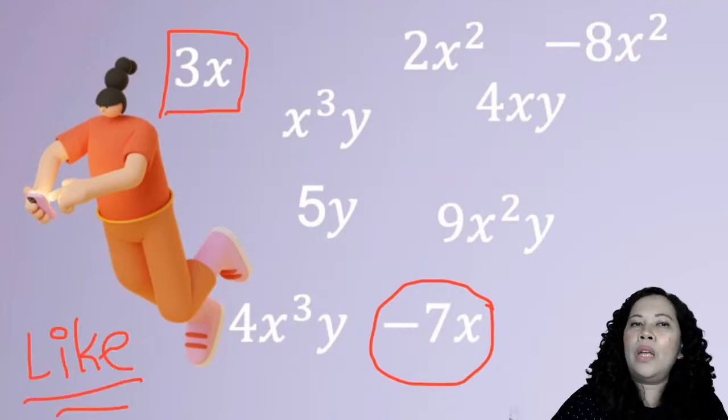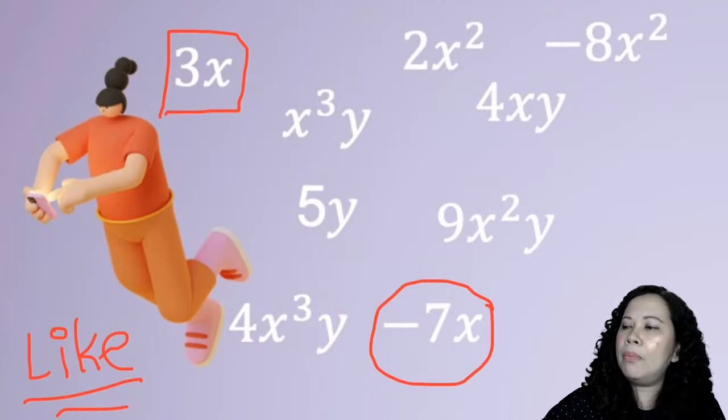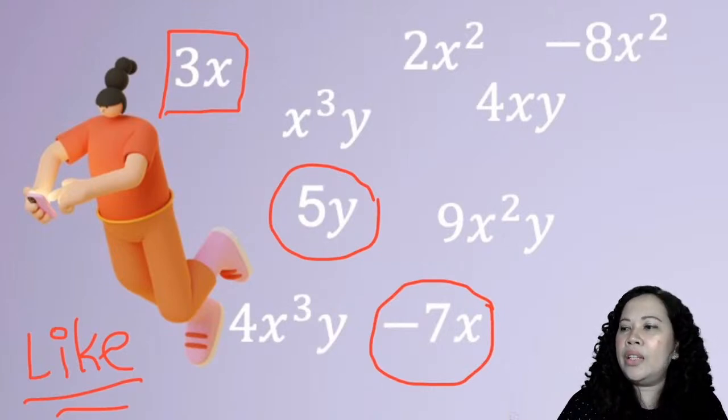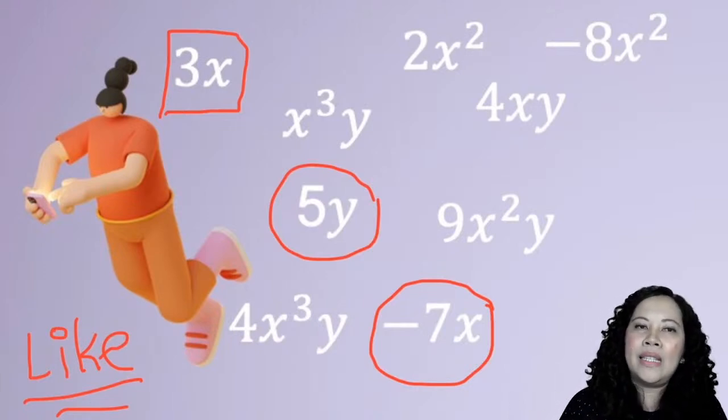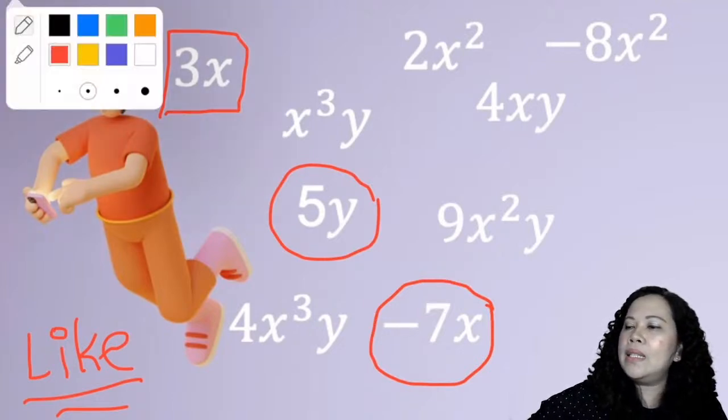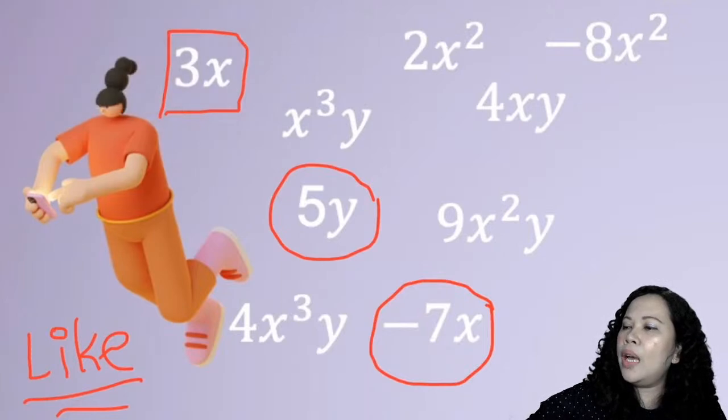Alright, so if we have, let's say for example 5y, is there anything that is the same with 5y? So if there's nothing that is the same with 5y, that means that 5y doesn't have a like term on this set of terms. Okay, what else is, let's say 2x squared.